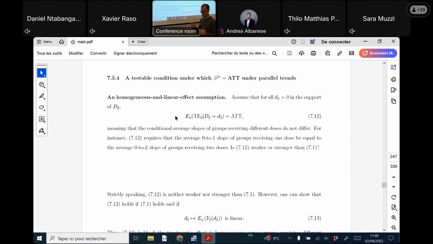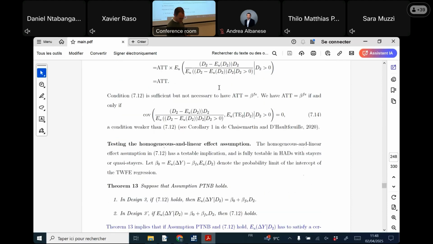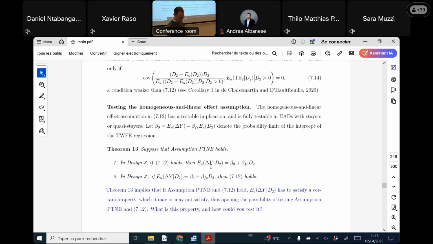This assumption, which of course is very strong, is actually fully testable. And because there is an if and only if between this assumption and having that the conditional expectation of the outcome evolution given the period 2 treatment is linear in the period 2 treatment, which you could, for instance, test by running a regression of delta y on an intercept, the period 2 treatment, and its square, and checking if the coefficient on the square is 0 or not. Because if it's not 0, then that means the relationship is not linear.